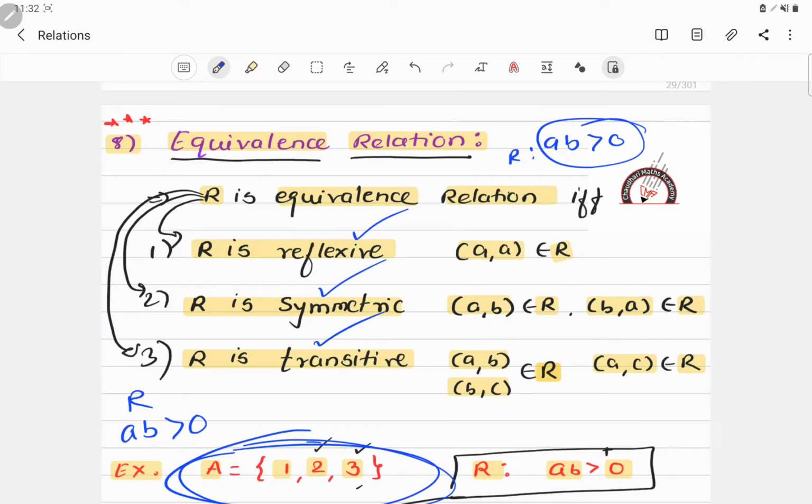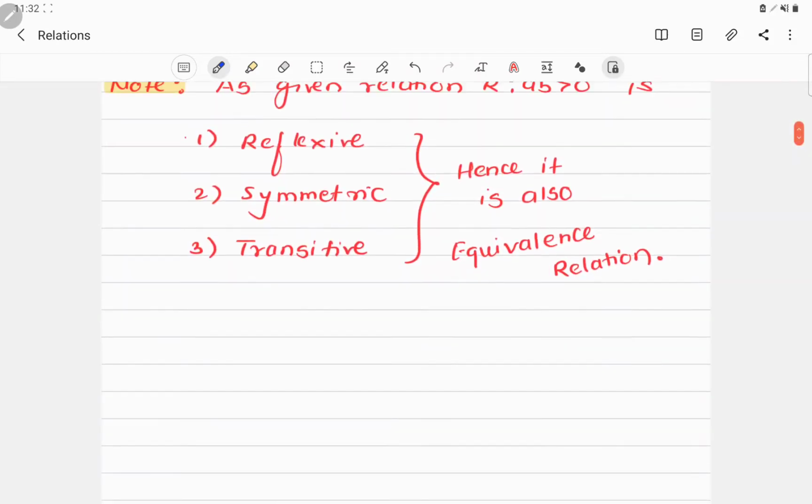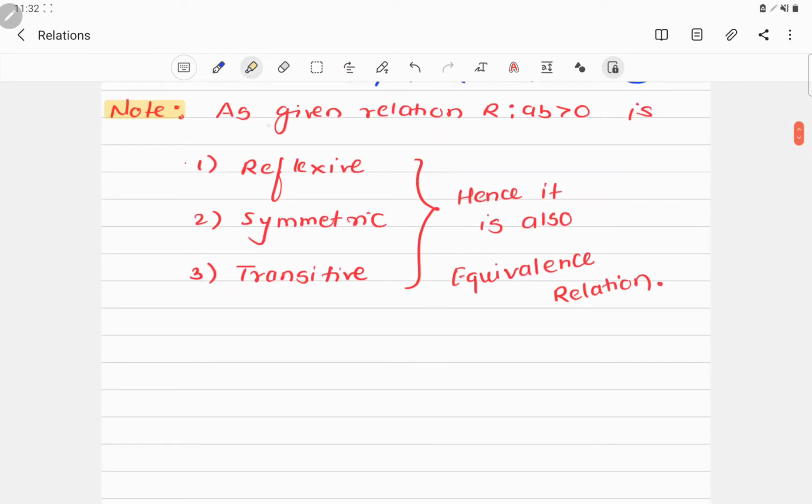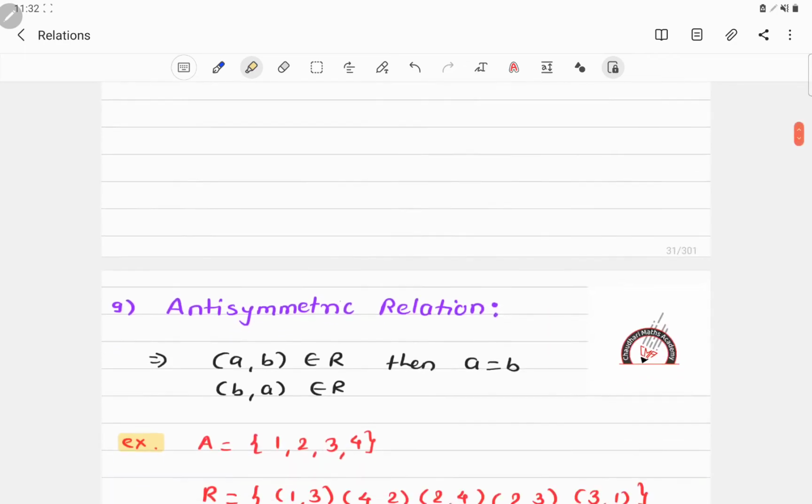And if one particular relation is reflexive, symmetric, and transitive, then it is called an equivalence relation. So the conclusion is that the given relation ab greater than 0 for the set A is reflexive, it is symmetric, it is transitive, hence it is also an equivalence relation.